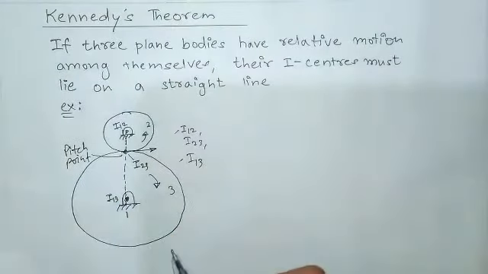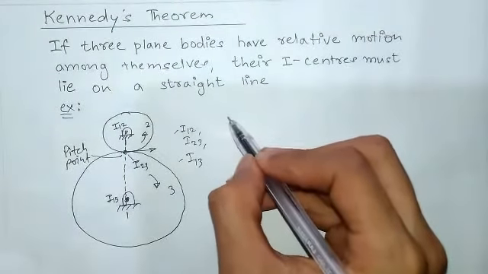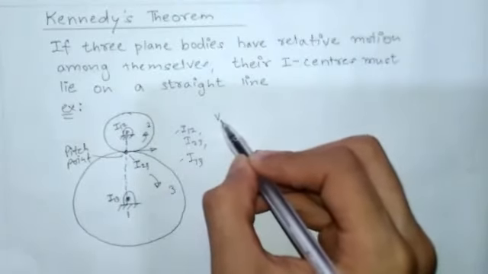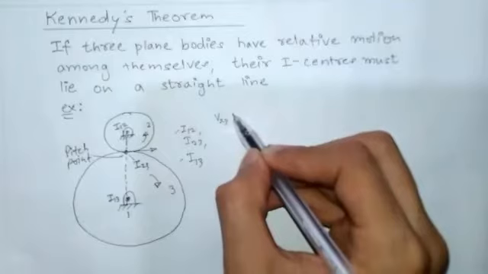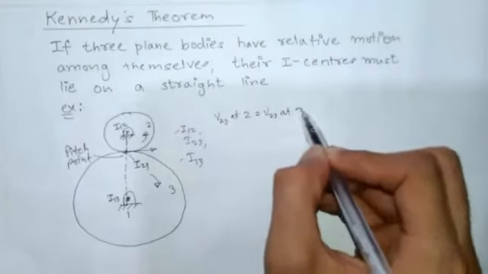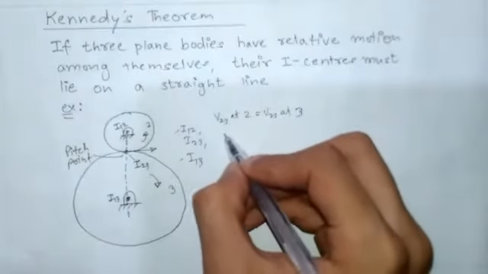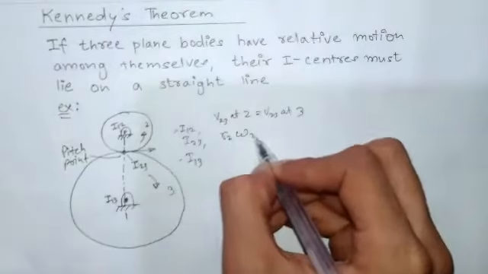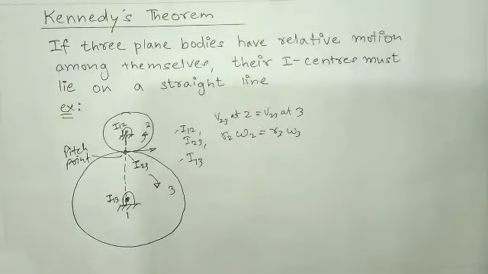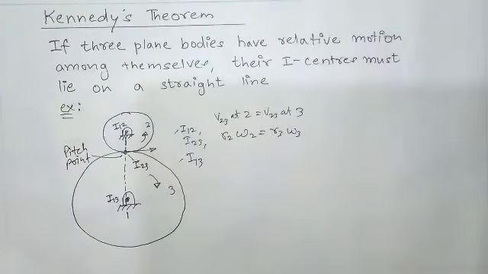At this point both the gears will have the same velocity, and that's why we simply use the relation V23 at 2 is equal to V23 at 3. That's the reason we use R2 omega 2 equals R3 omega 3, where R is simply the radius and omega is the angular velocity.